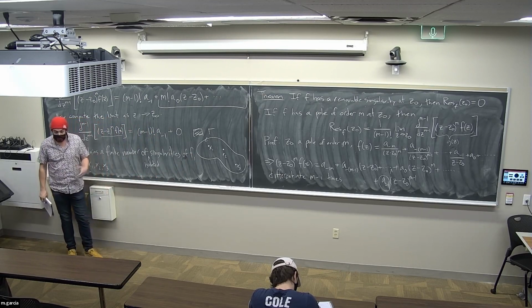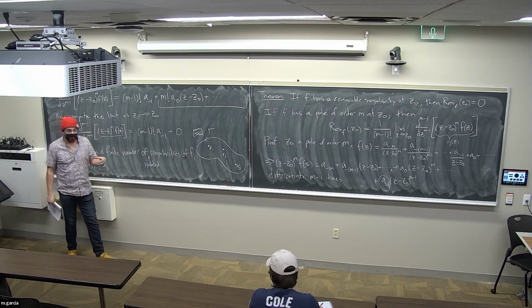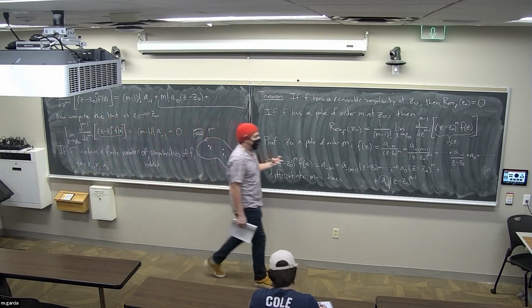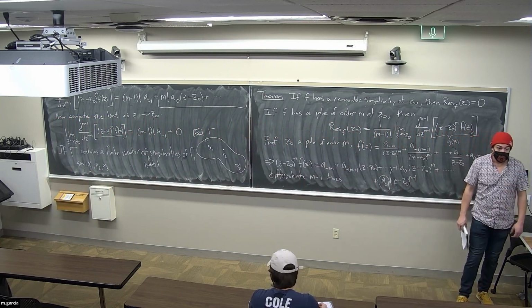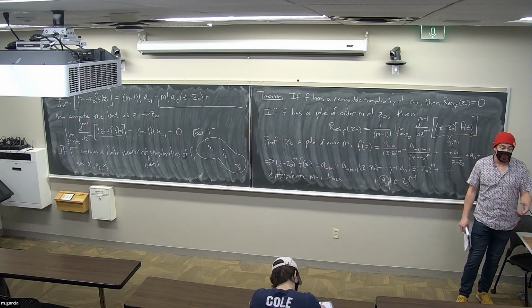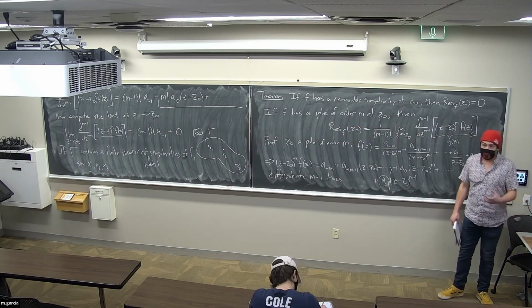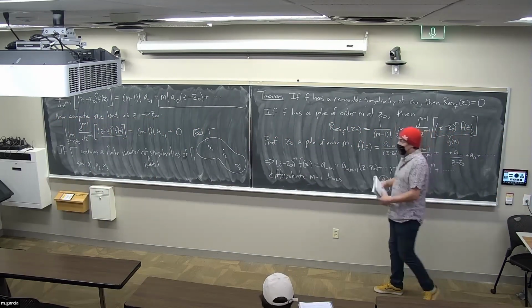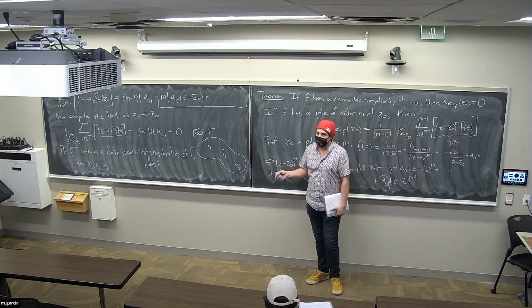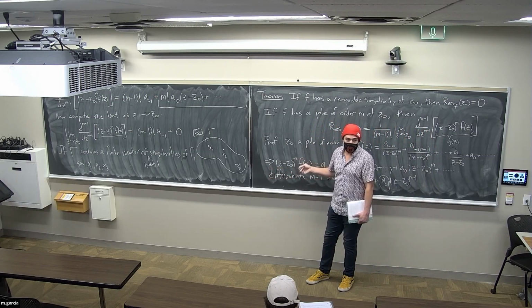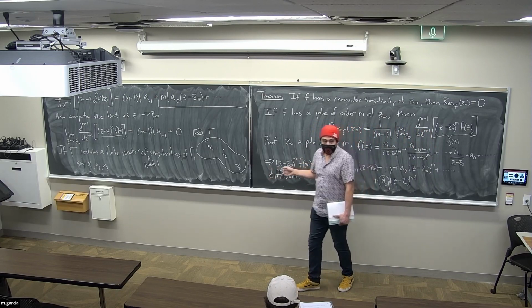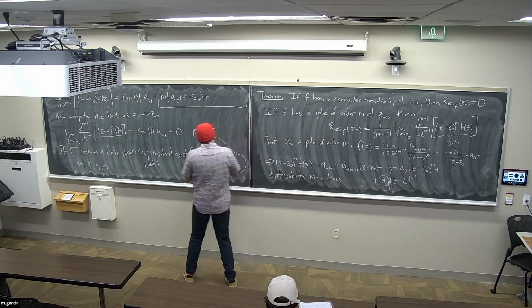My argument breaks down because I can't continuously deform gamma to contain just one of these singularities. But what I can do is make it so that there are essentially separate components of a new continuously deformed contour that contain each of the singularities. That is to say, I can make the following deformation.